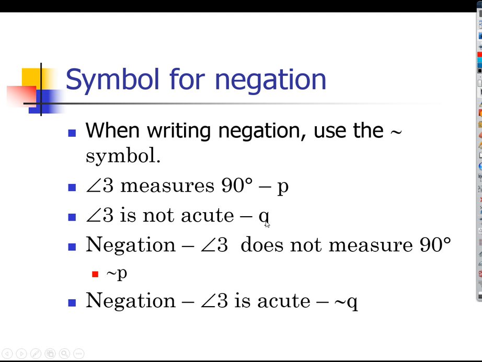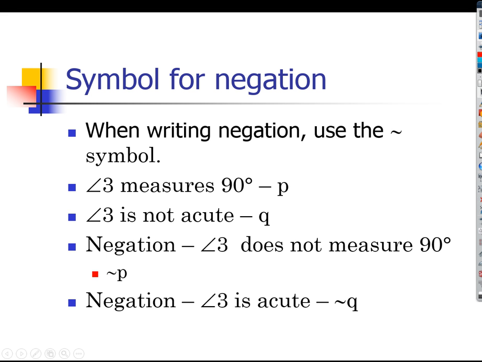Statement Q is angle 3 is not acute. Okay? What's the negation of P going to be then? If angle 3 measures 90 degrees, there it is, right. Angle 3 does not measure 90 degrees, is the negation, right? Because the negation has to include everything except that statement, right? Okay, now this is a little trickier. What's the negation of Q?